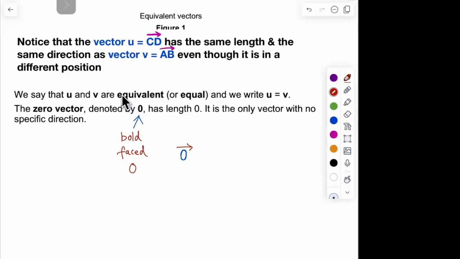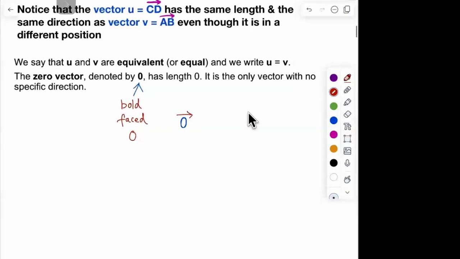It's going to be zero. What's the magnitude of a zero vector? It's zero. It is the only vector that has no direction. The zero vector is the only one that has no direction.